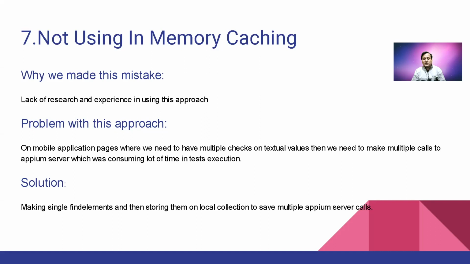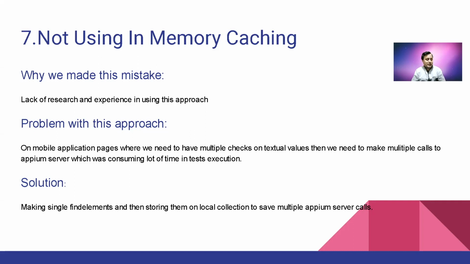Seventh mistake we were making was not using in-memory caching. Why did we make that mistake? Lack of research and experience in this approach. The problem with that approach: when application pages have multiple checks on elements, we need to make multiple calls to the APM server, and every APM call to the server takes a lot of time.